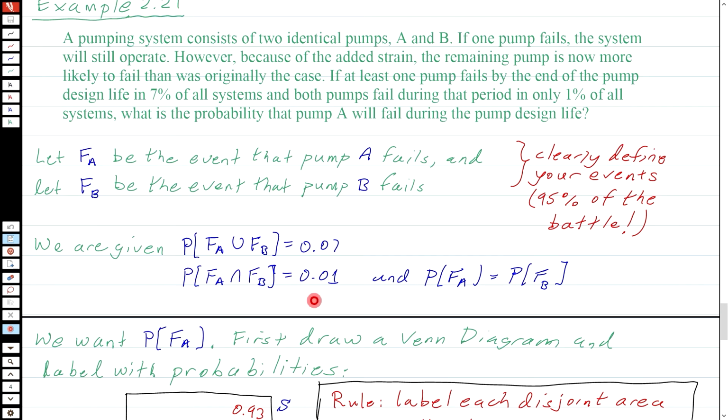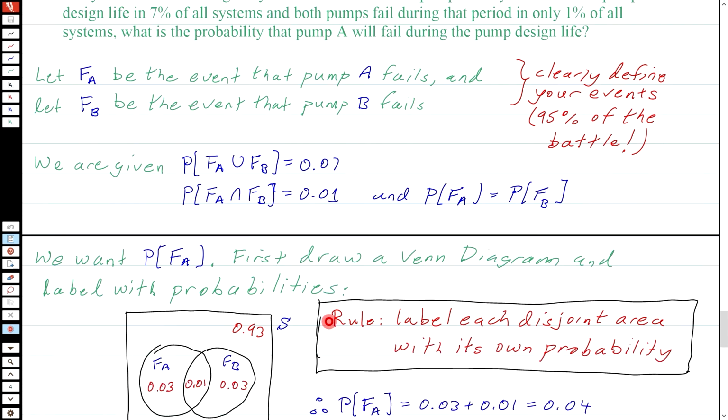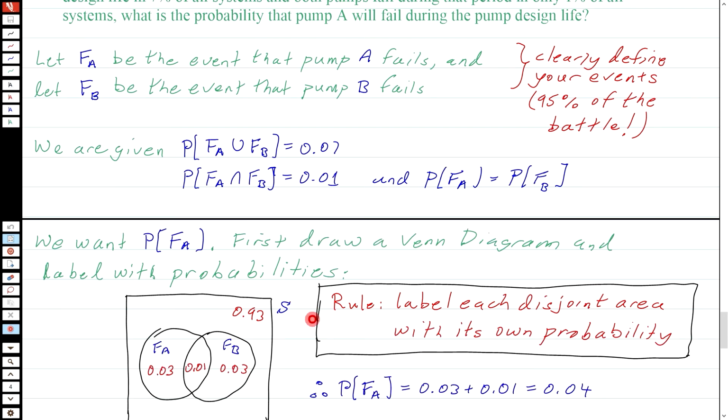So we're looking for the probability of FA, the probability that pump A will fail during the pump design life. The next thing you want to do is draw a Venn diagram with labeled probabilities. Labeling the probabilities in a Venn diagram depends on a rule. Each disjoint area in a Venn diagram has to be labeled with its own probability.